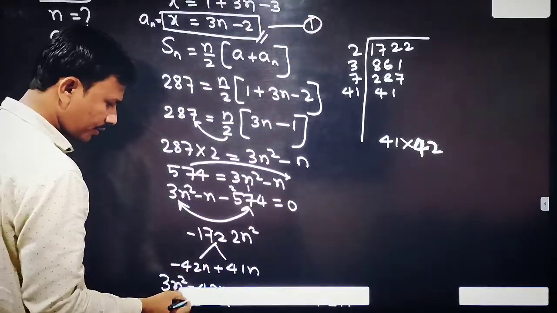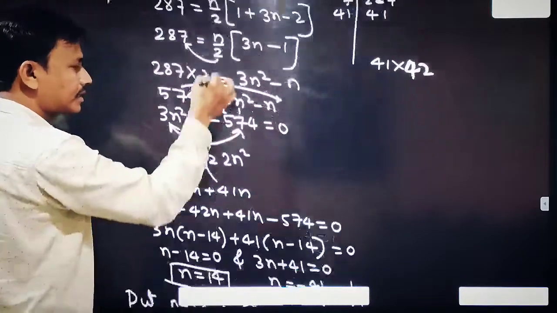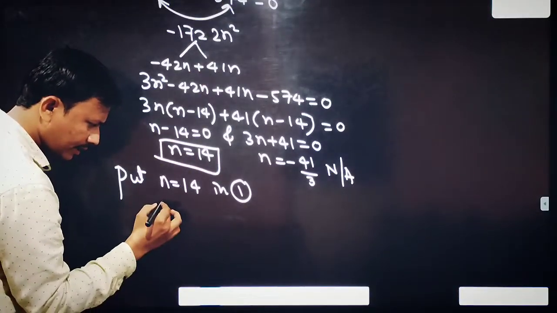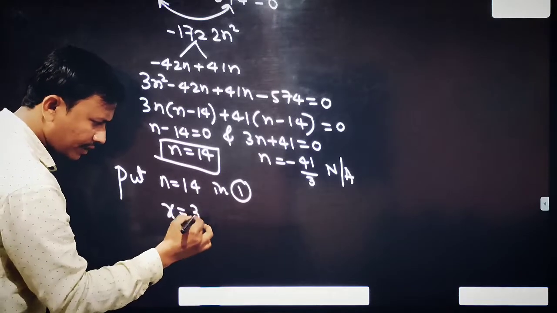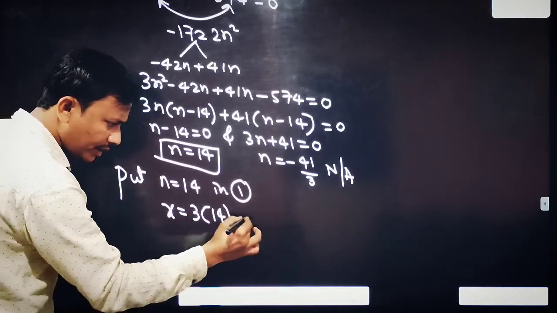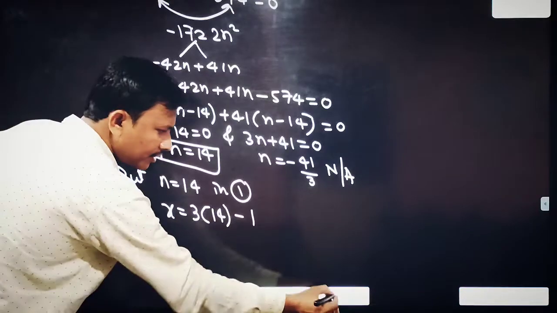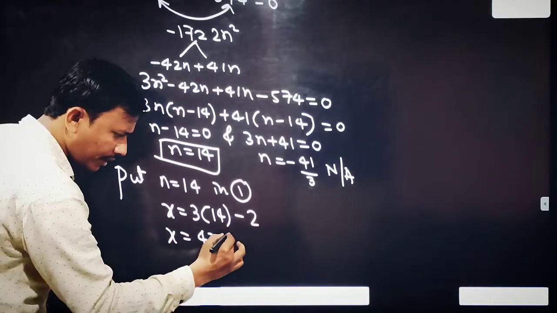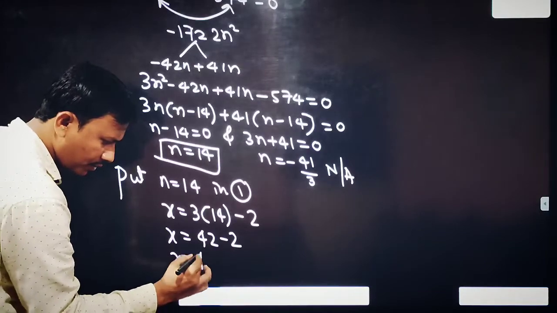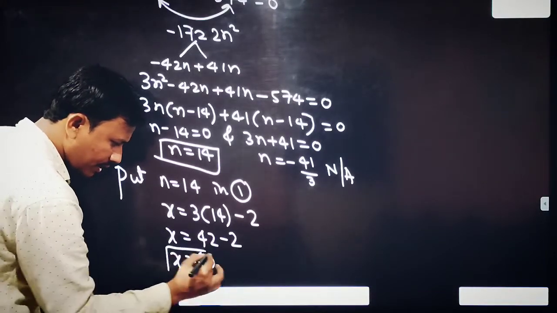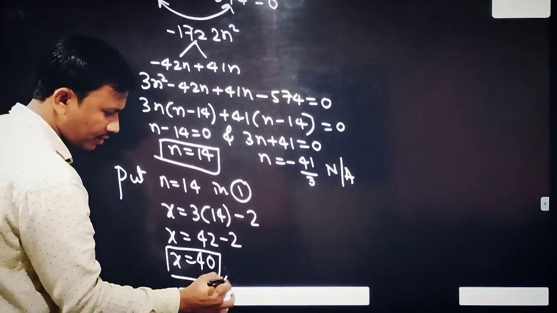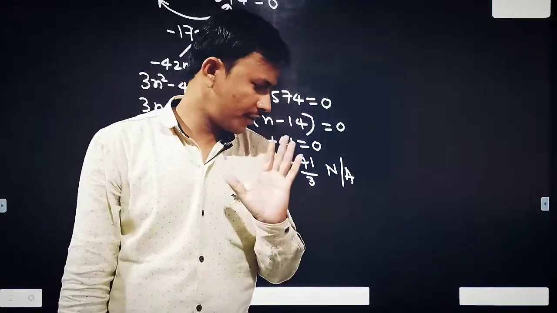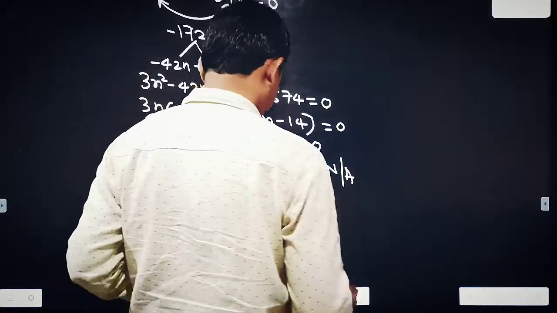Therefore, x is equal to 42 minus 2. x is equal to 40. Okay, we got x is equal to 40. Check it out.